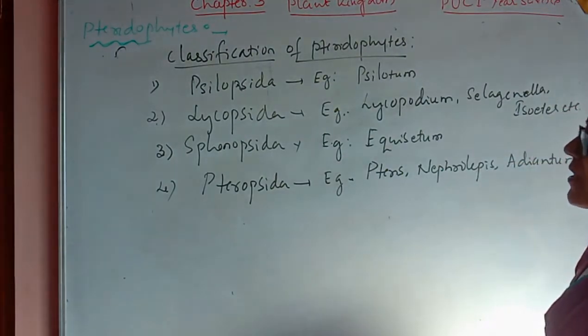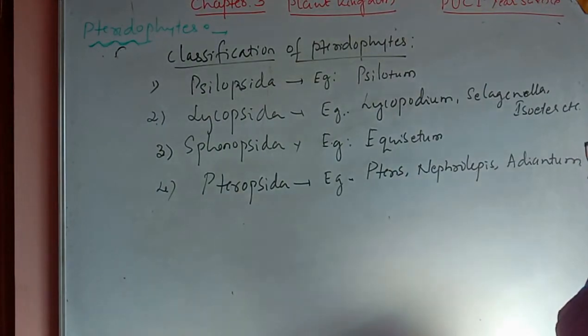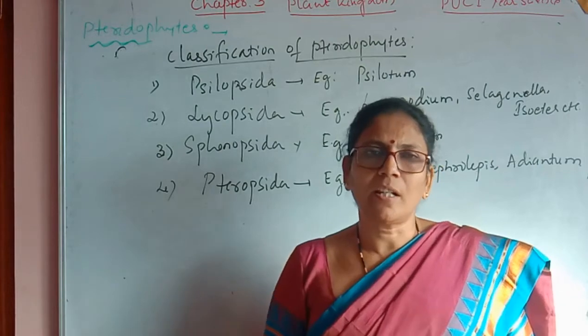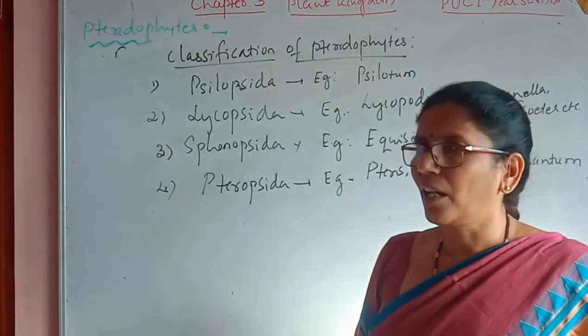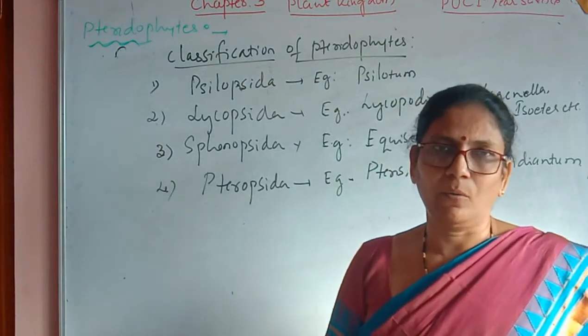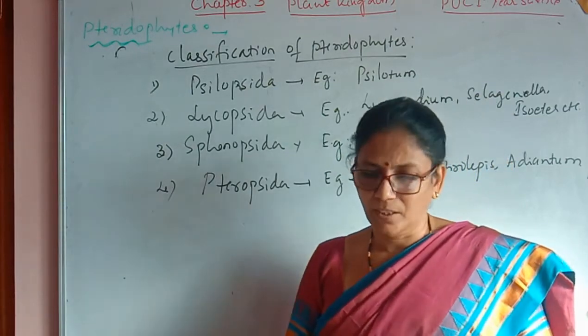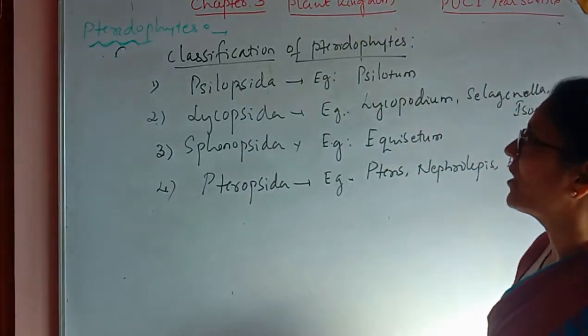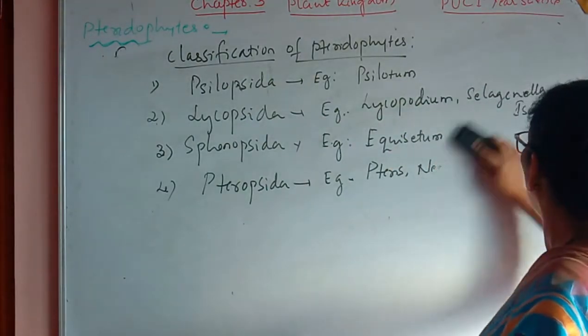So these are the four classes of pteridophytes with the examples. Now we will understand the general characters of pteridophytes and their life cycle with the help of a neat life cycle diagram. Let us draw the diagrams of different stages of the life cycle of pteridophyte.